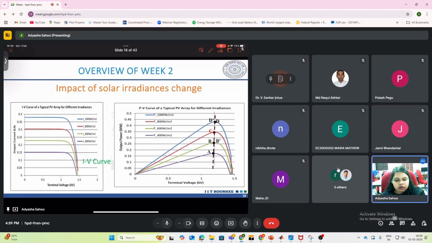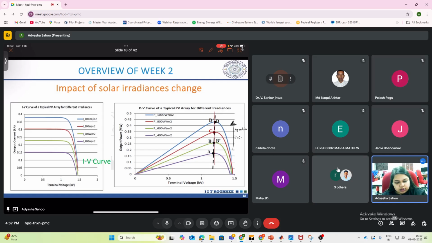What is the impact of solar irradiance on the output of the PV cell? We'll see that. So this is the typical PV and IV characteristics curve of a solar cell. You can see as the irradiance is increasing in this direction, the output power of the cell is also increasing.